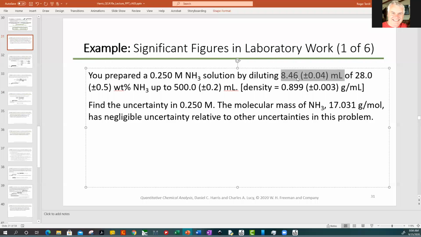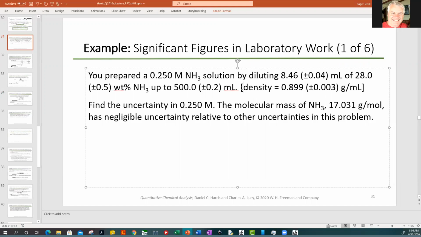We used 8.46 plus minus 0.04 milliliters of 28 plus minus 0.5% ammonia and diluted it to 500 plus minus 0.2 milliliters. Okay? And the density here is actually kind of screwy.